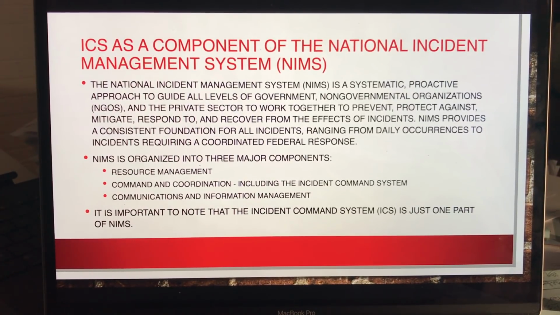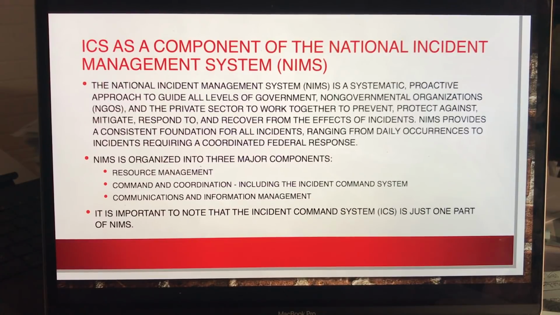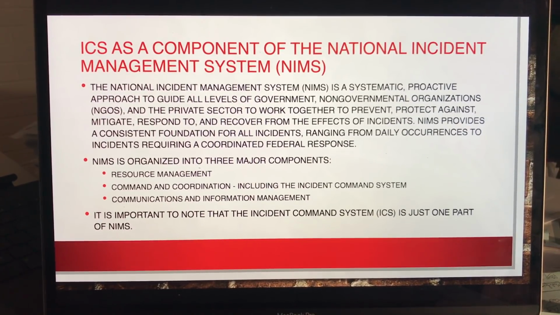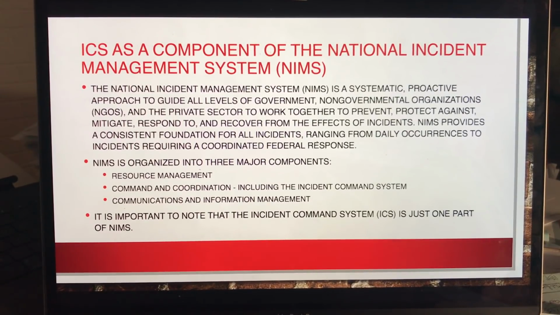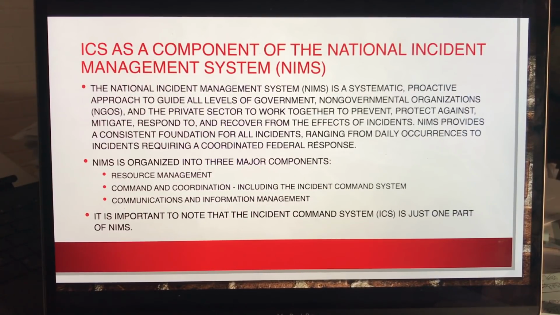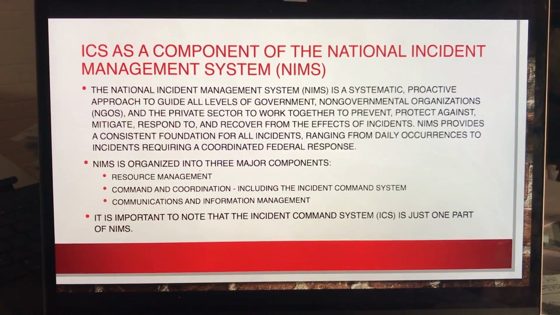ICS is a component of the National Incident Management System, known as NIMS. The National Incident Management System is a systematic, proactive approach to guide all levels of government, non-governmental organizations, and the private sector to work together to prevent, protect against, mitigate, respond to, and recover from the effects of incidents.